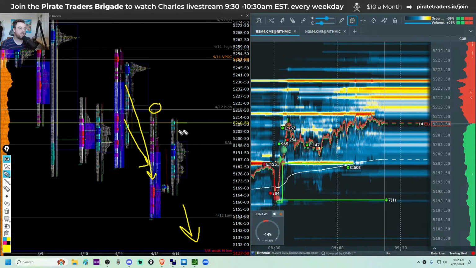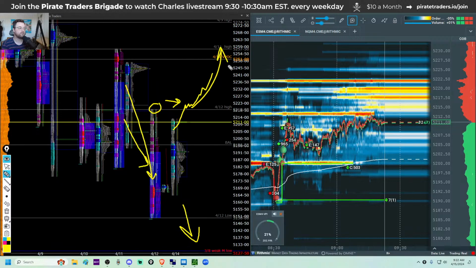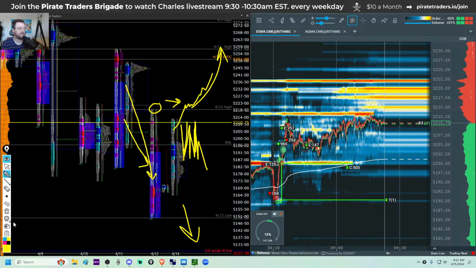But if the market can get above Friday's high, well, then it can change. Then shorts start to cover, new FOMO buyers start to pile in, and before you know it, boop, boop, we're right back up. So that's why for now we're bearish, sort of bigger picture bearish, assuming the market's going to go sideways inside yesterday's range and waiting to see what happens at these key levels.